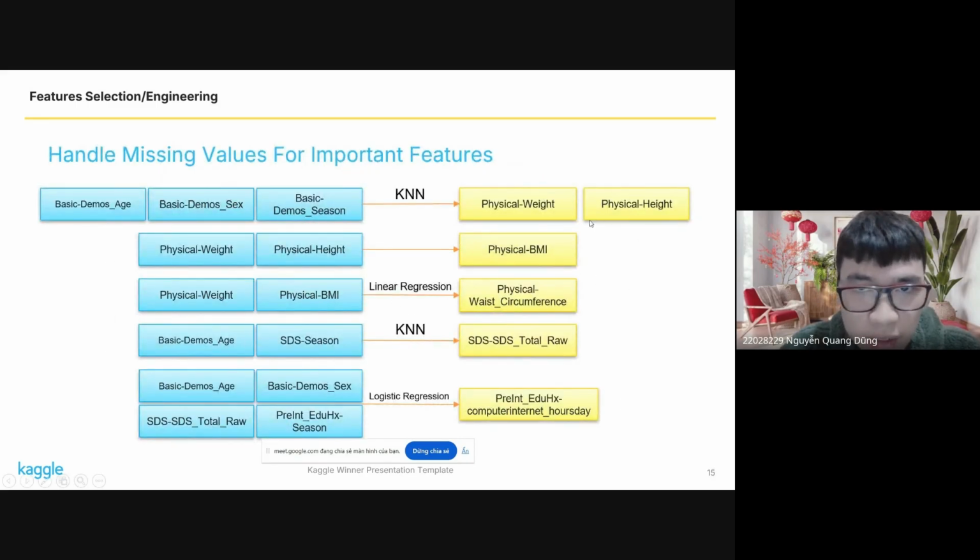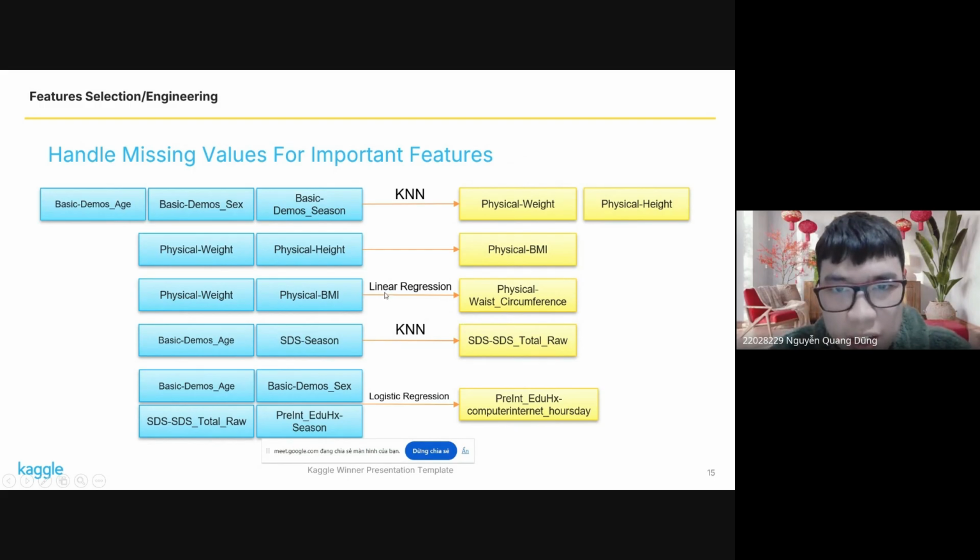For the important features, the missing values were filled using submodels with inputs from other reliable columns, such as the demographic features and the columns that we filled, which can be used again. The submodels could be linear regression, logistic regression, or k-nearest neighbor, depending on the case.